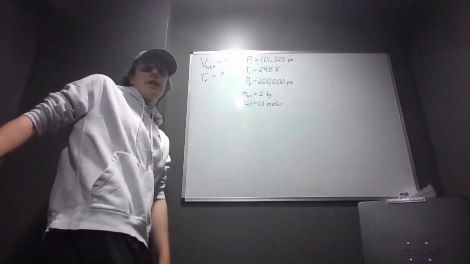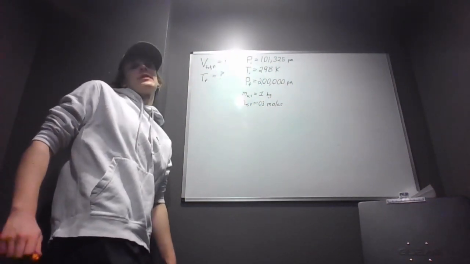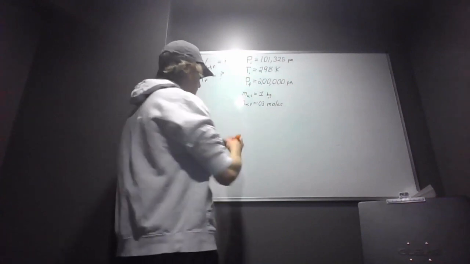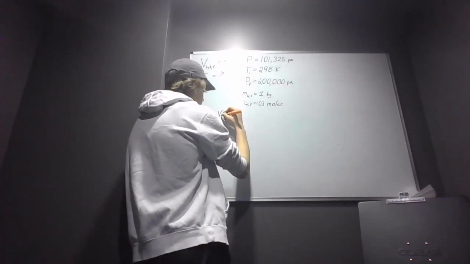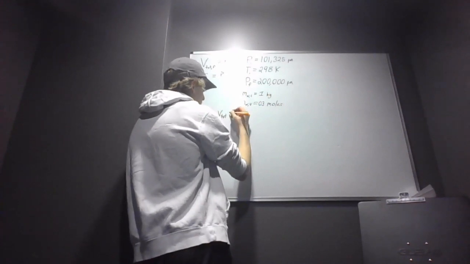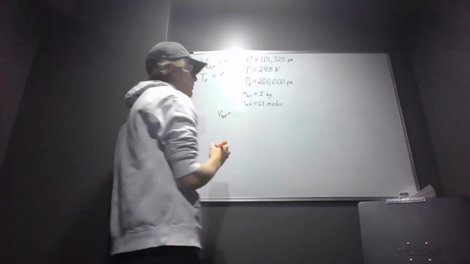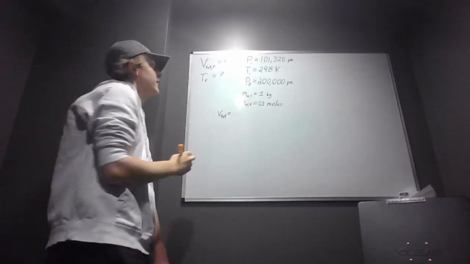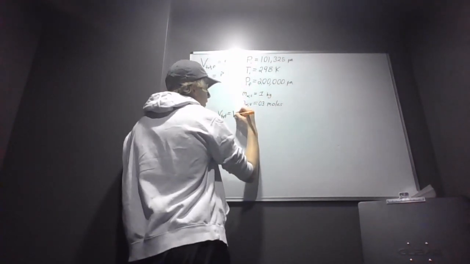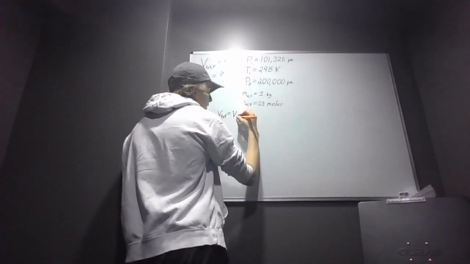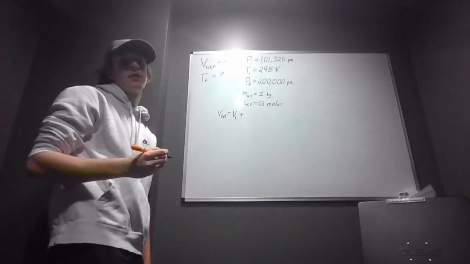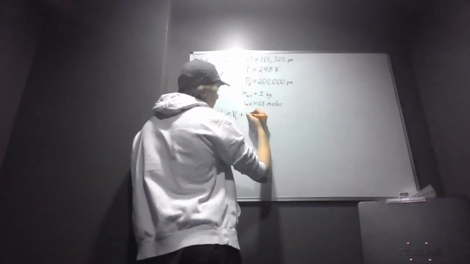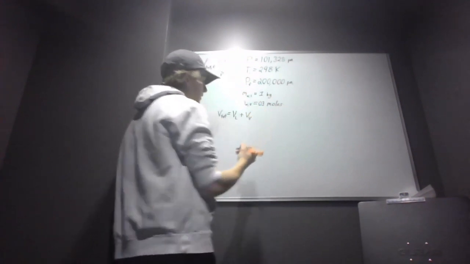So now we can start writing out equations of things that we want to know as well. So the total volume will be equal to the volume of water in the liquid phase plus the volume of the water in the vapor phase.